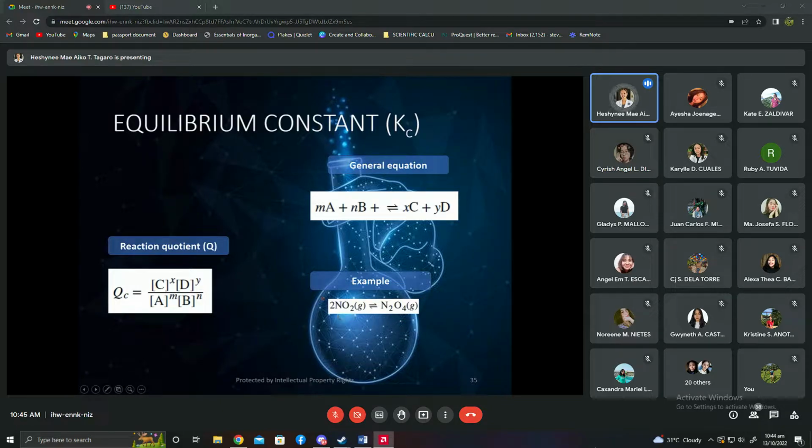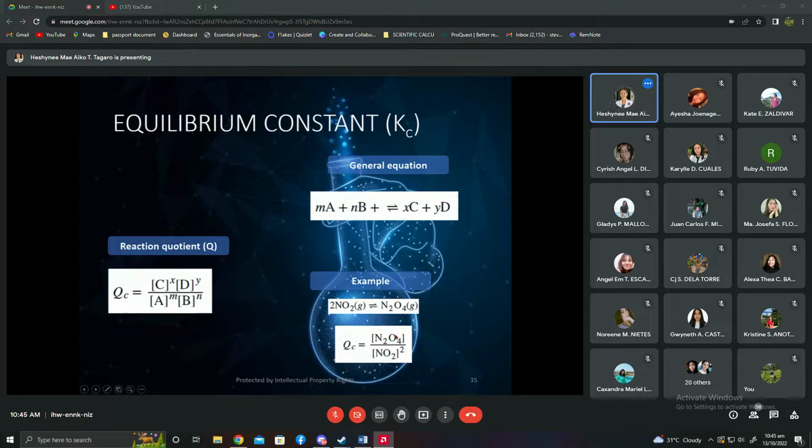If we were to express this using Qc, this will be the Qc expression. The product N2O4 is in the numerator and the reactant is in the denominator here. Take note, the coefficient now becomes its exponent.